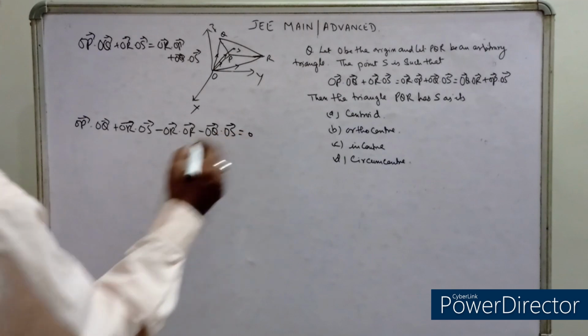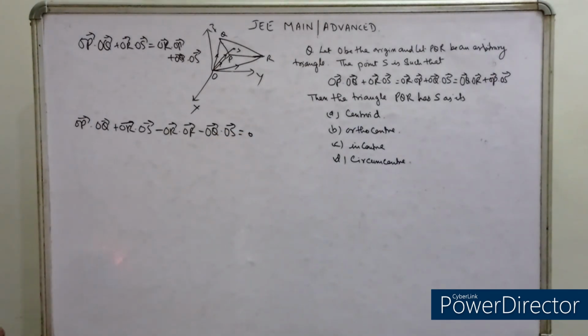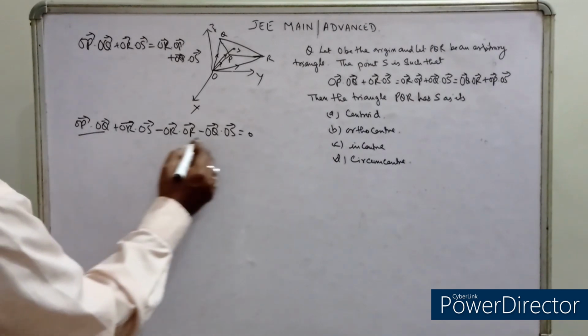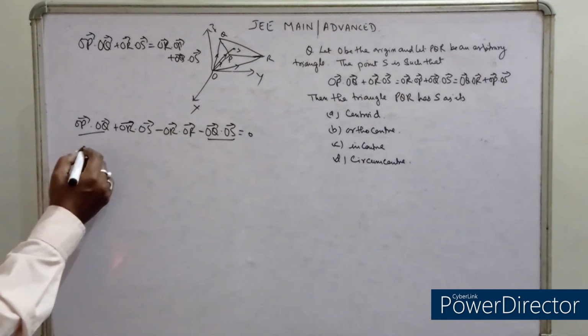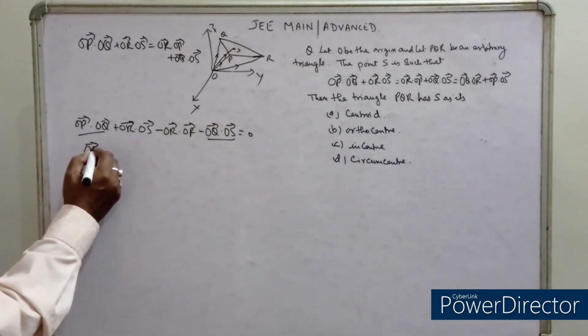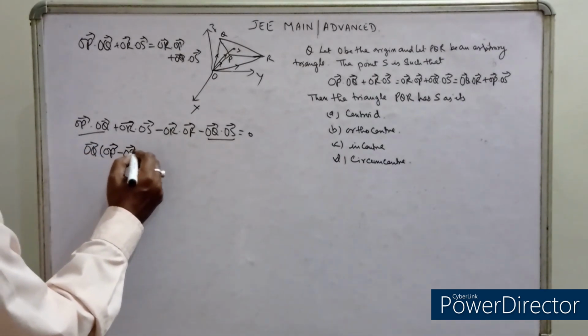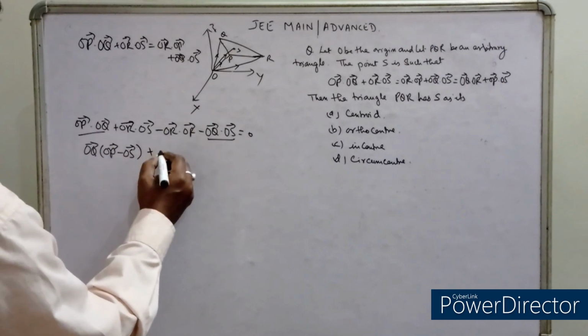I bring all this to the left side, so OP dot OQ plus OR dot OS minus OR dot OP minus OQ dot OS is equal to 0. Let me take this and this. Here your common is OQ vector, so this will be OP vector minus OS vector.